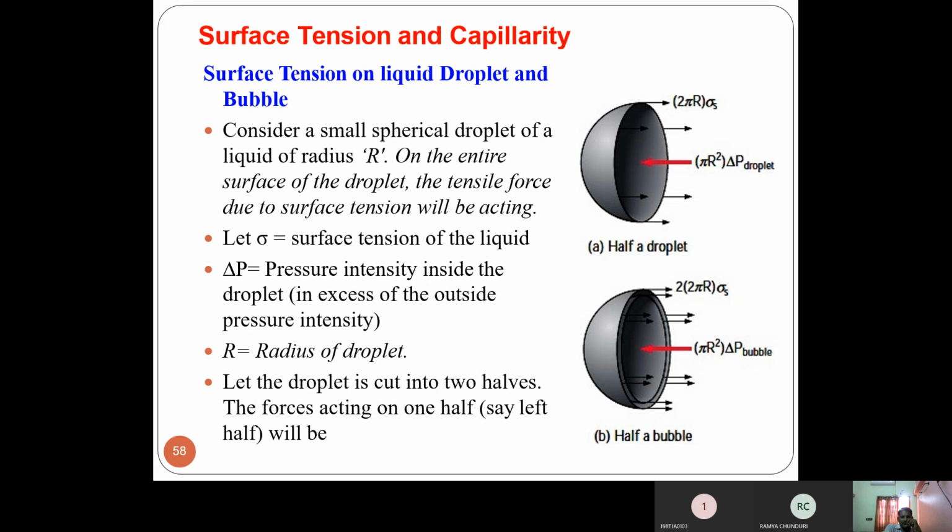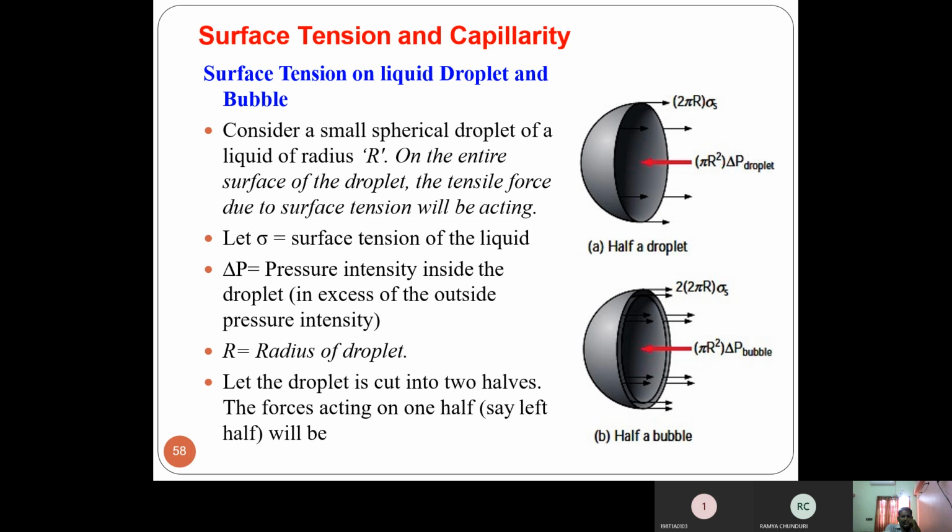Okay, here we are considering a liquid droplet. This is the liquid droplet, and this is the half bubble. Okay, consider a small spherical droplet of a liquid of radius R. Okay, here we are considering one droplet.